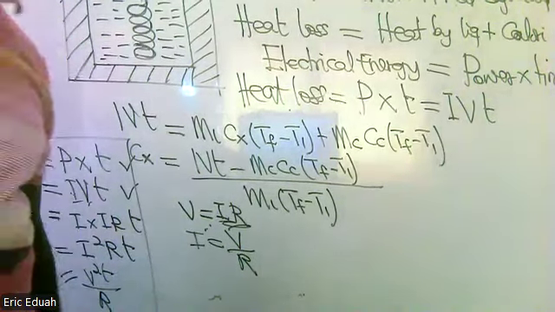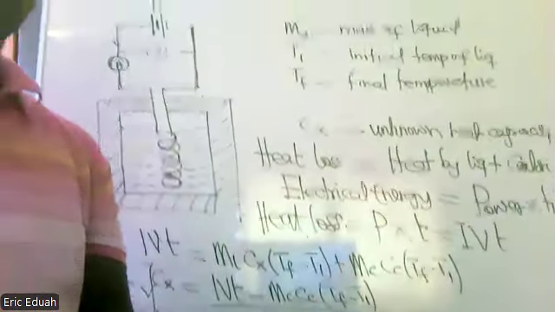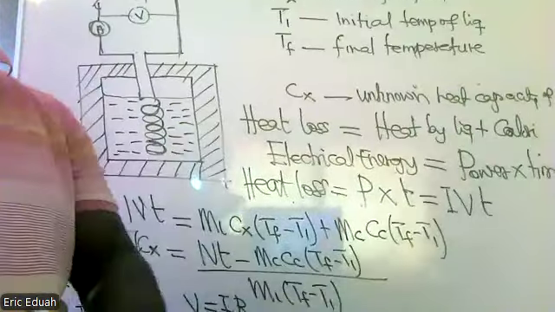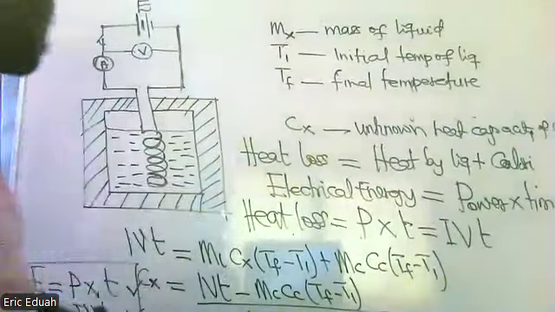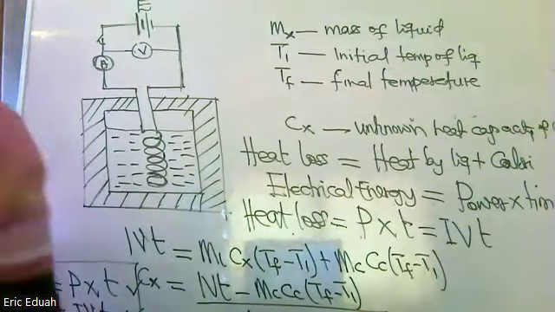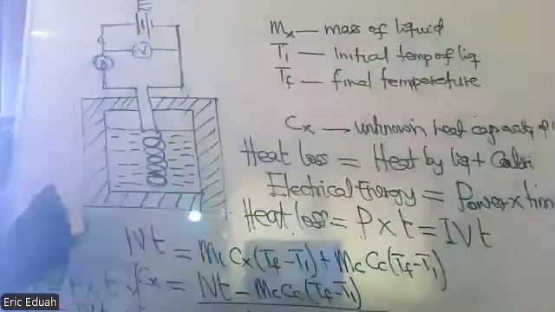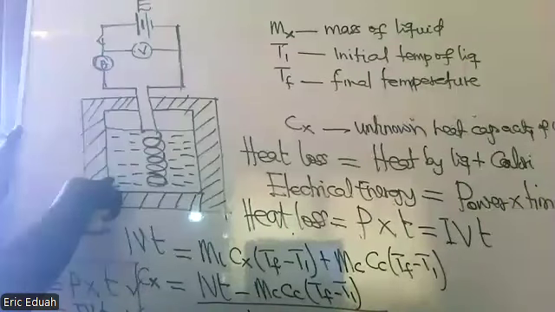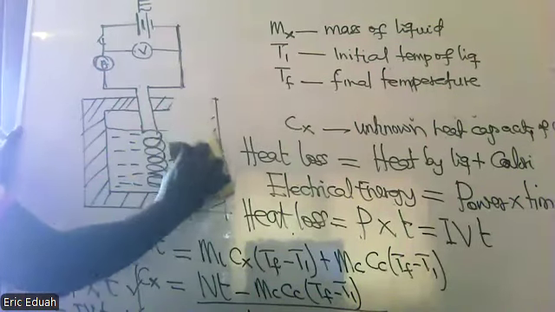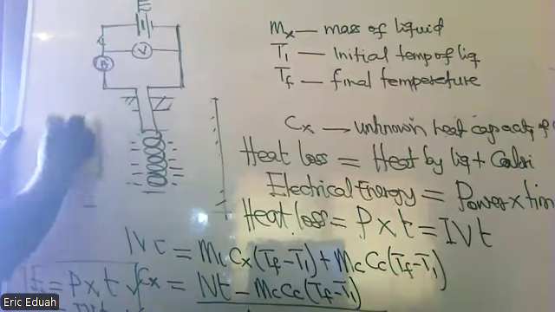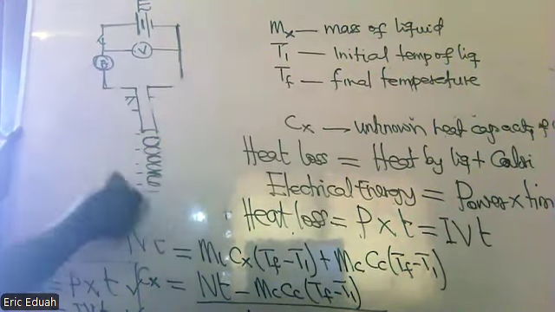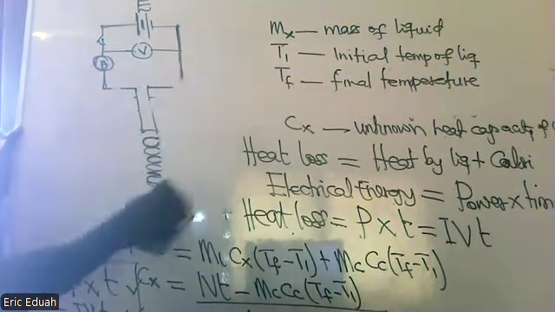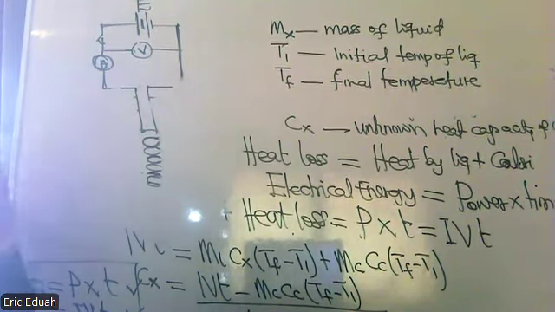Now we can also use the same electrical method to determine the specific heat capacity of metals, maybe solid metals. And that wouldn't need the calorimeter. But what we'll do is that, because the metal is a solid one, we create a hole.